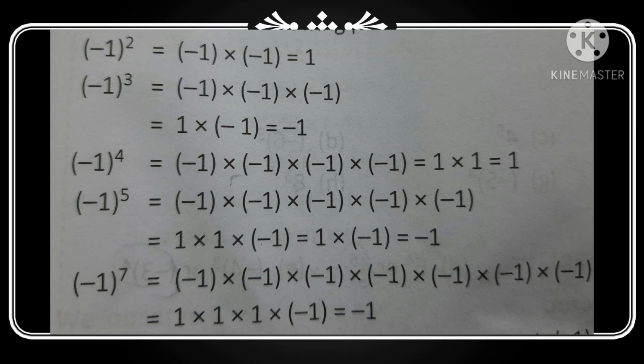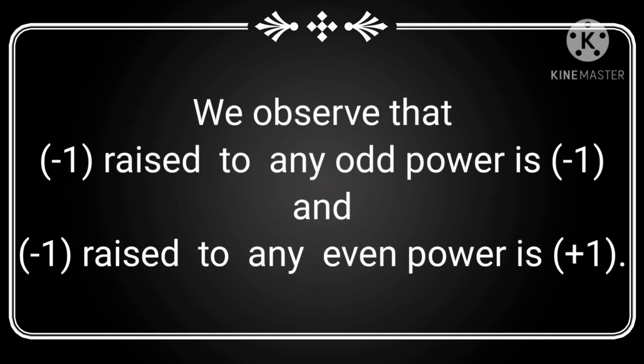From these examples, we can conclude that any negative base with an even power gives a positive answer, whereas any negative base with an odd power gives a negative answer.